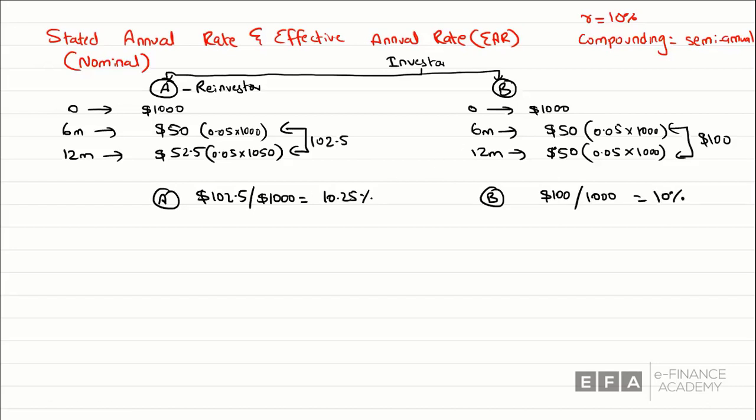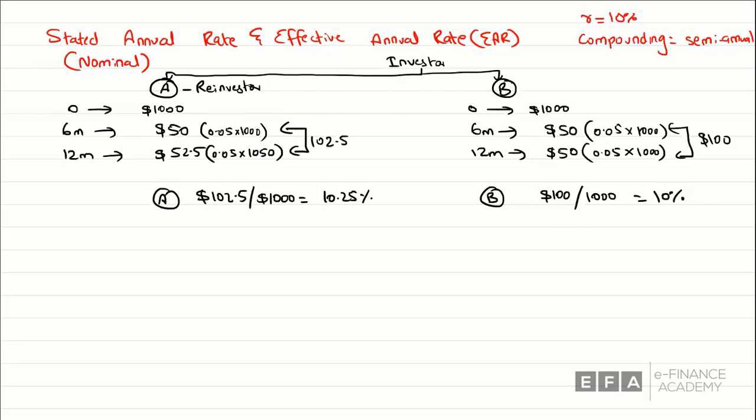This 10.25 and 10%, we can call this the actual return, or we may call it the compounded return. So we can give it different names. We can call it actual return, we can call it compounded return, or more appropriately, we can call it effective annual rate of return.